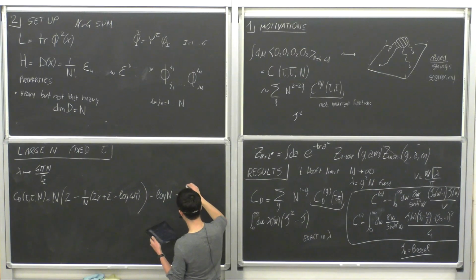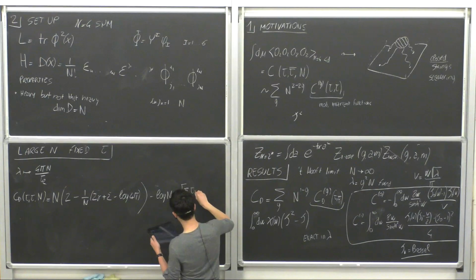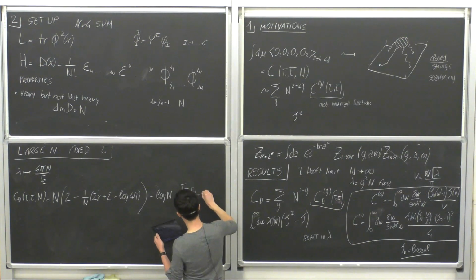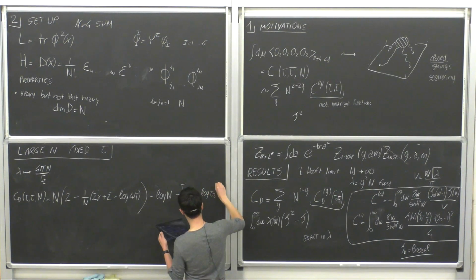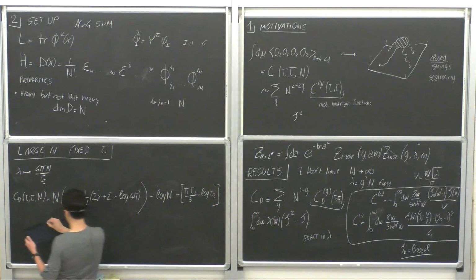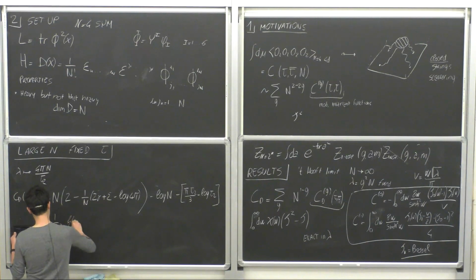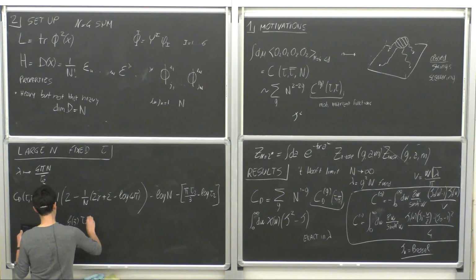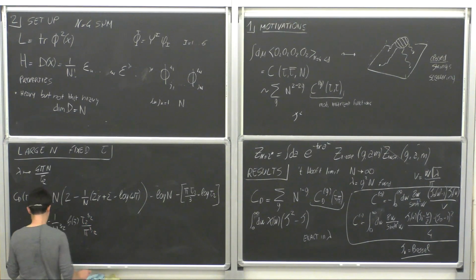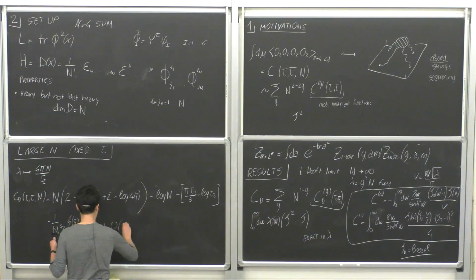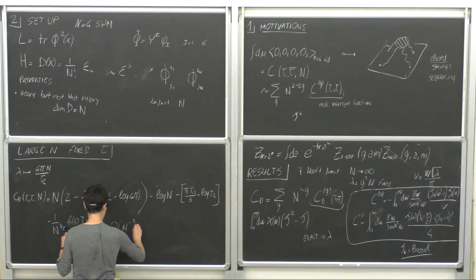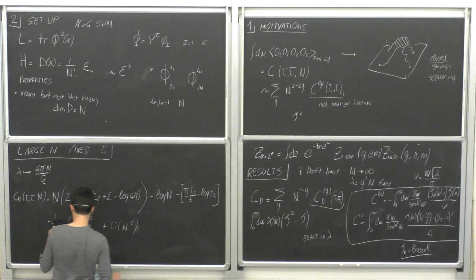And then we have the additional stringy corrections, which are pi tau 2 over 3 minus log tau 2 minus 1 over n 3 over 2 zeta 3 tau 2 to the 3 half over pi to the 3 half, plus order of n to the minus 3 over 2 minus 2 in principle.